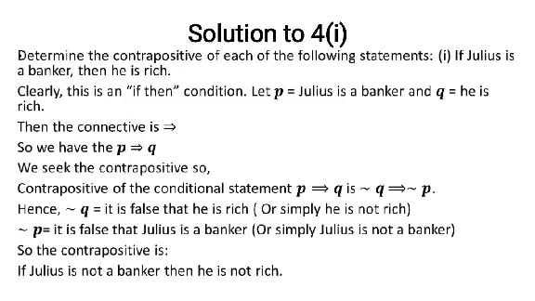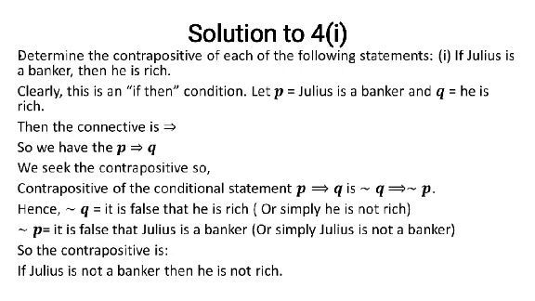So what do you think negation Q would be? Well, it simply is either you say it is false that he's rich, or simply just say he's not rich. And we said that Q is he's rich. So what's negation P? Either we say it is false that Julius is a banker, or simply just say Julius is not a banker.